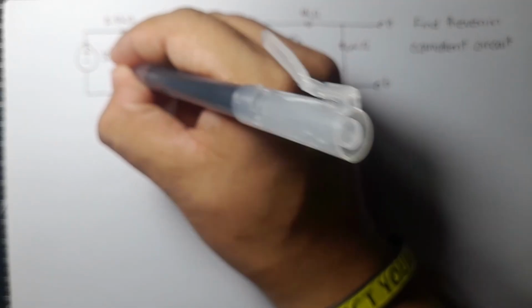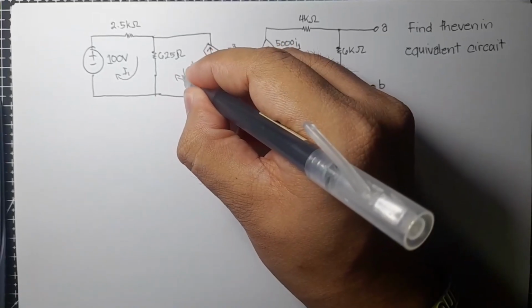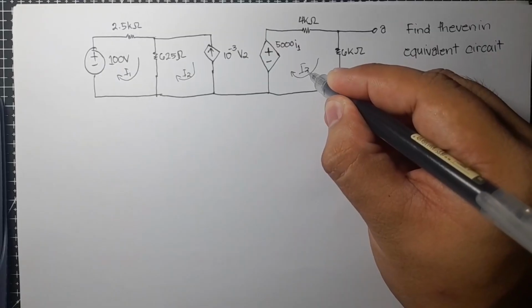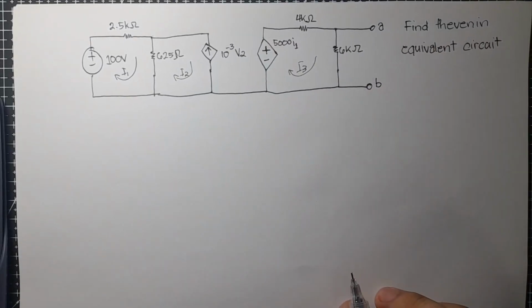This is I1, I2, and I3. And we will have to make our equations.